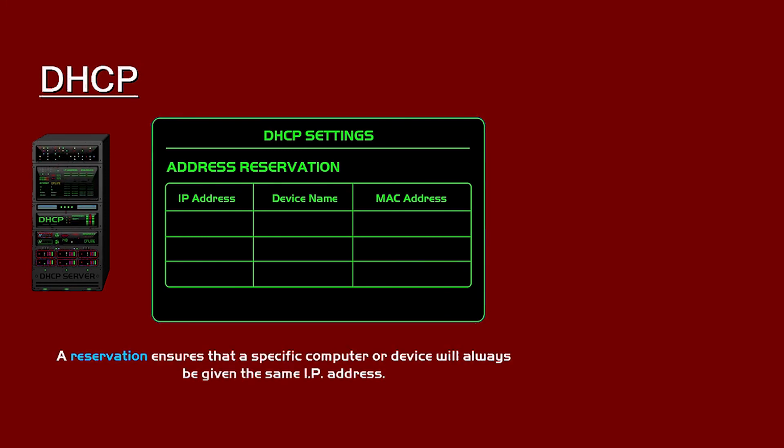A reservation ensures that a specific computer or device identified by its MAC address will always be given the same IP address when that computer or device requests an IP address from the DHCP server. So for example, on this DHCP server, if I create a reservation for my computer, the DHCP server will recognize my MAC address and will always give me this specific IP address.